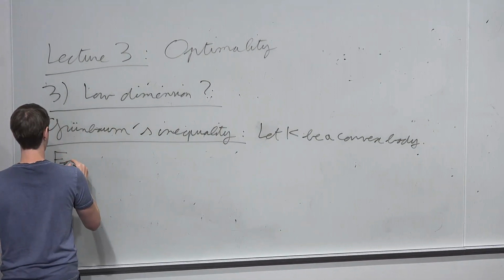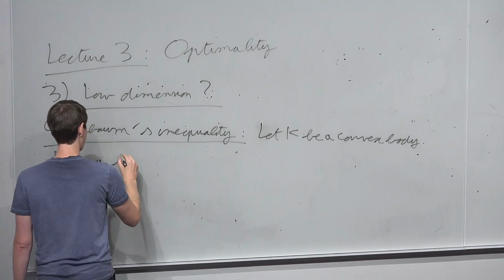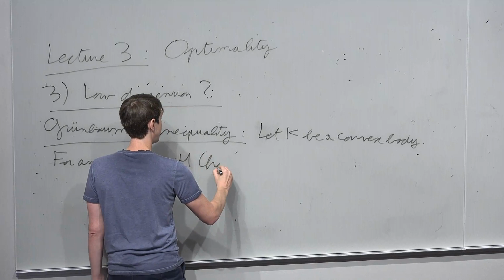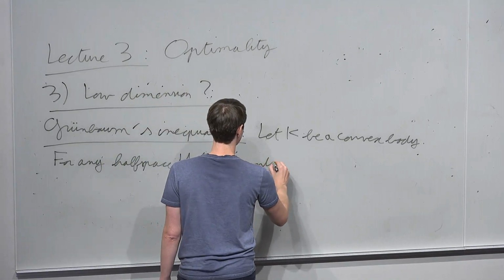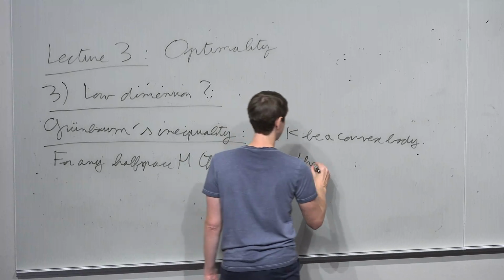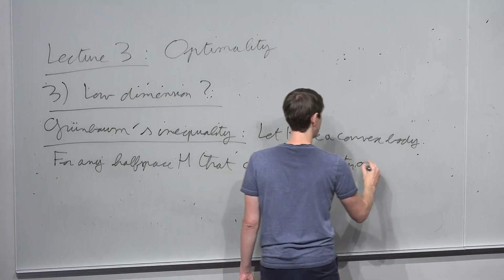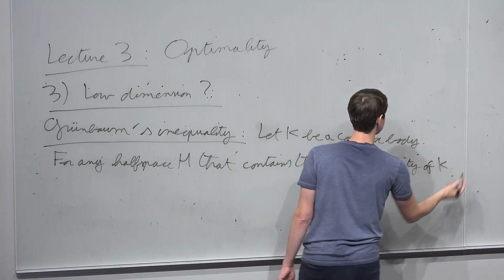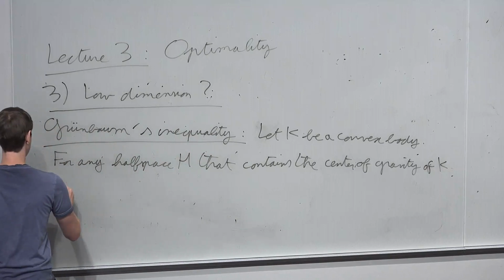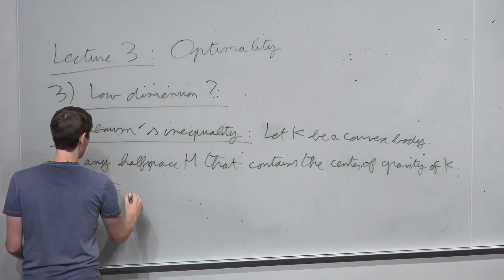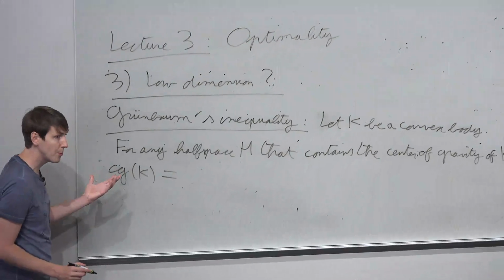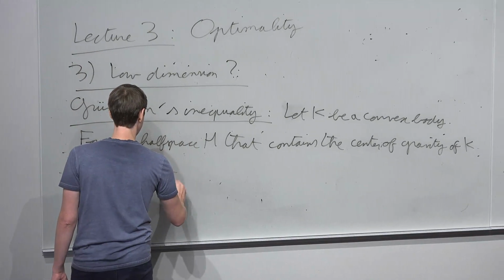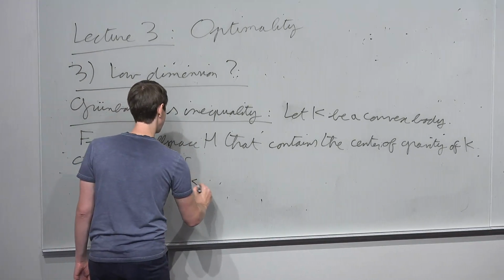For any half space H that contains the center of gravity of K. What is the center of gravity of K? CG of K is just the mean of a random point in K. So it's just 1 over the volume of K times the integral over K of x dx.